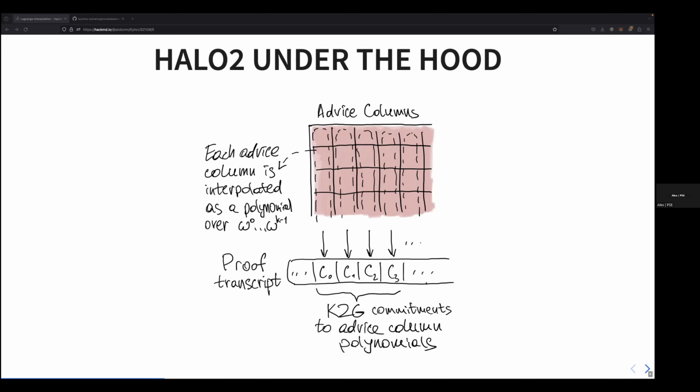But we don't want to prove something separately about them. We want to still be able to connect them together, and that's why we can split our user base into multiple polynomials, but then we're connecting them by using the homomorphic property of the KZG.